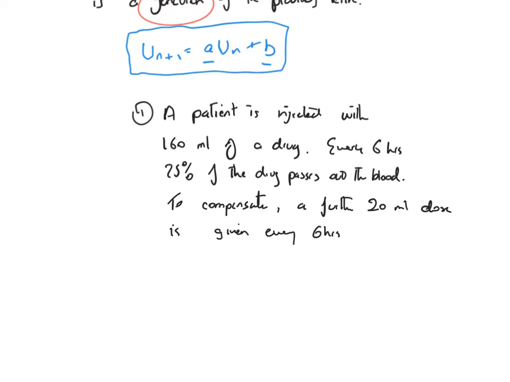Okay, the first thing that we're going to do is form a recurrence relation. Now, a recurrence relation is formed by deciding what a and b are. What you should be looking out for in a recurrence relations question is two things that repeat.